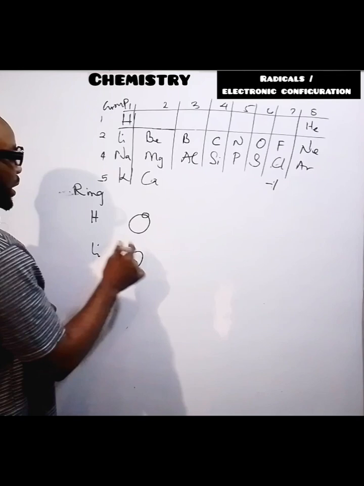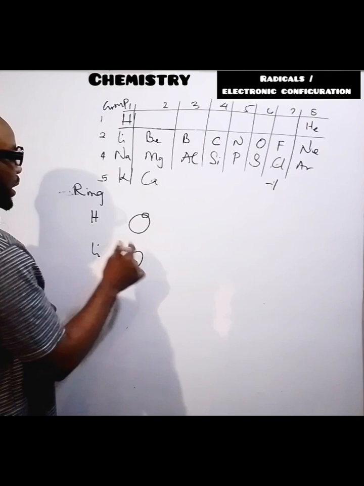Chlorine, 1s2, 2s2, 2p6, 3s2, 3p5. Now let's count. That's 17. Yes, that's right. Argon is 1s2, 2s2, 2p6, 3s2, 3p6.